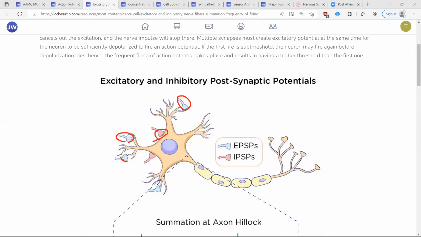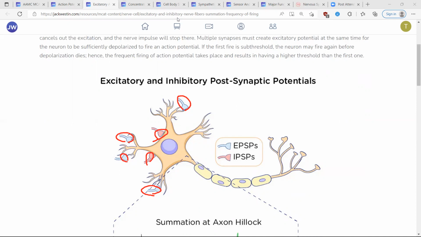So it's not just one at a time. There's a lot of different signals that this neuron could be getting. And when we have EPSP and IPSP, EPSP is excitatory postsynaptic potential, I being inhibitory postsynaptic potential.